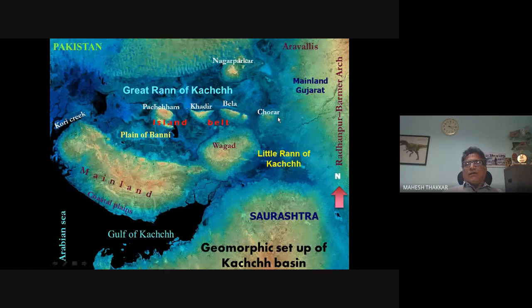In the entire Kutch district and Kutch Basin, more than 20,000 square kilometer area is covered by the Great Rann of Kutch and Little Rann of Kutch, and less than 15,000 square kilometer area is rocky uplifts. So this is the mainland uplift, Wagad, and the island belt uplift, which is four discrete islands.